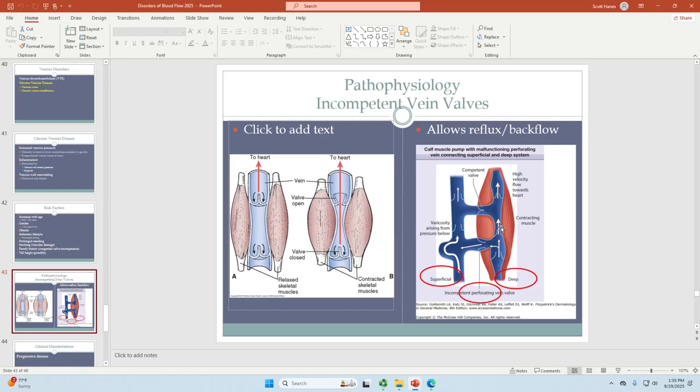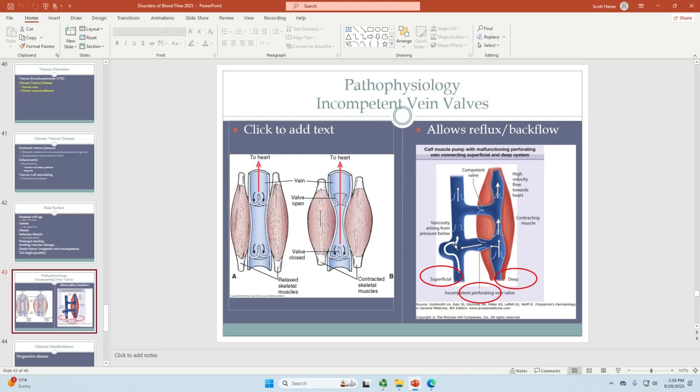So when your calf contracts, in this situation here, we have a faulty valve. So instead of pushing the blood all the way forward, some of it goes back over here through that incompetent valve and back into the superficial vein. That's where you see a lot of that venous distortion, dilated veins, varicose veins. That's what those are. Okay?